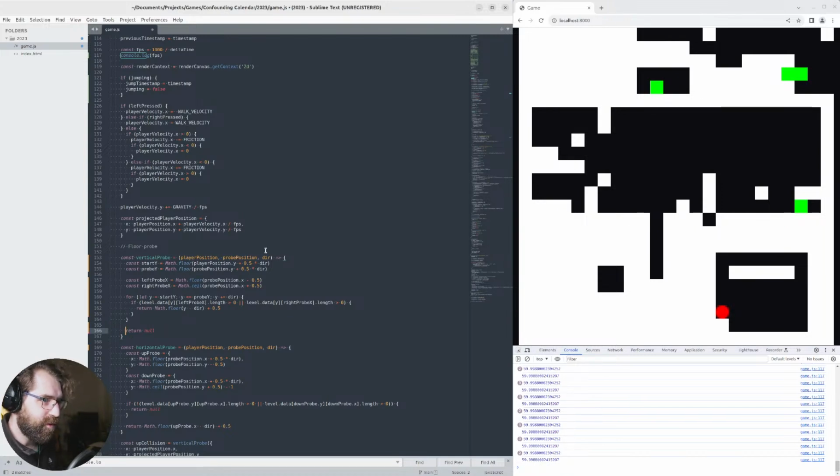Well, dir is either 1 or minus 1. So 1 would be downwards direction and minus 1 would be upwards direction. So this is going to loop upward, like Y is going to get smaller if we're going upwards because the lower cells are upwards.